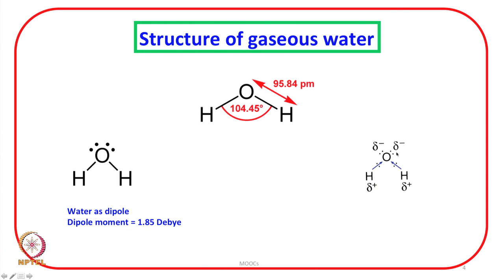There are two lone pairs, on each lone pair you assign a delta negative and on each hydrogen you assign a delta positive. So, water as a quadrupole. So, when to treat water as a dipole, when to treat water as a quadrupole, whether to include the quadrupole character of water into the discussion or not, it depends upon the situation.